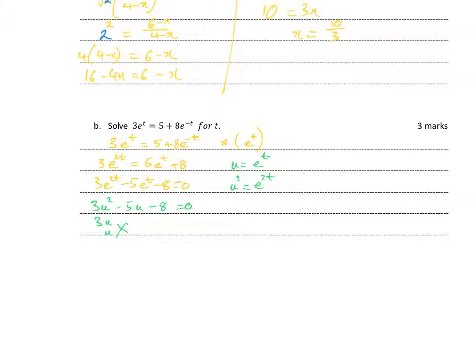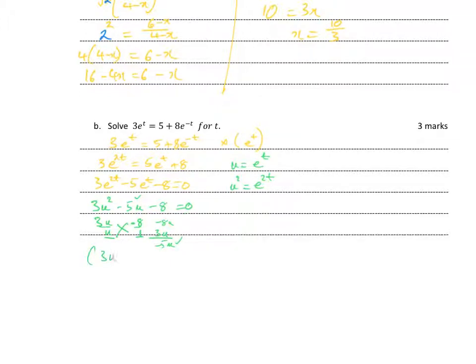8 and 1, I reckon, will work for us, and we want the 8 to be negative. So if I just do my cross, 3u times 1 is 3u, u times negative 8 is minus 8u, add them together I get minus 5u, which is my middle term.